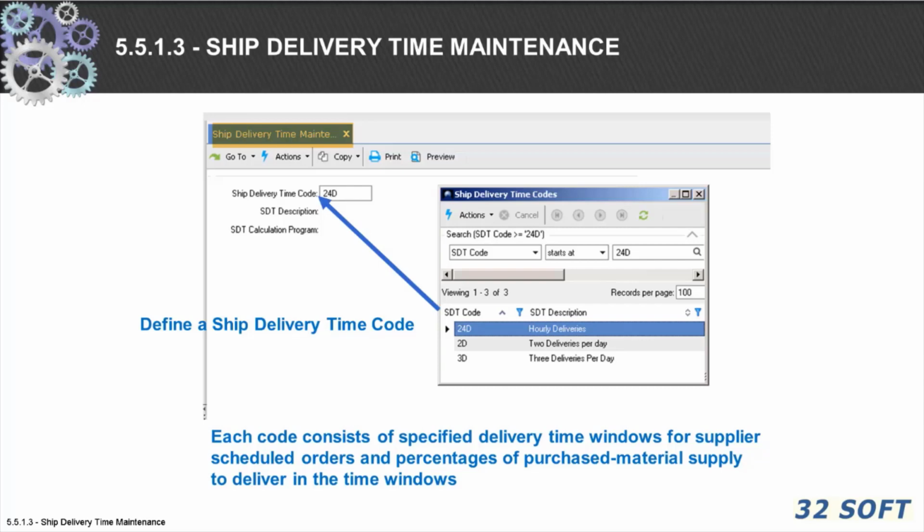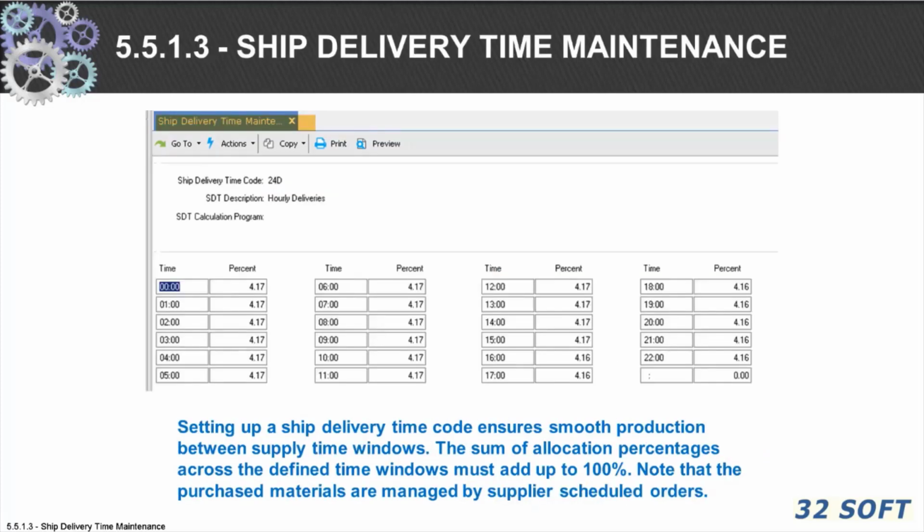You need to be able to identify such issues that are your causation, not the supplier's. Setting up a delivery time code ensures smooth production between supplier time windows. The sum of allocation percentages across the defined time windows must add up to 100%.